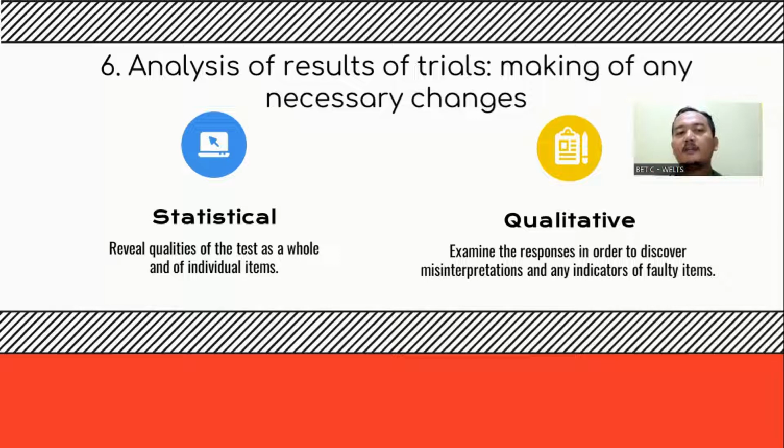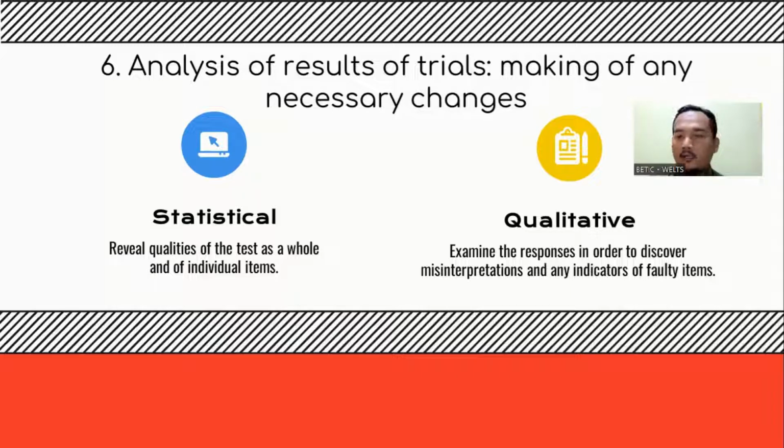Statistical analysis reveals the qualities of the test as a whole and of individual items. For statistical, we can use a survey or checklist. The second one is qualitative. Qualitative analysis examines the responses in order to discover misinterpretation and any indicators of faulty items.